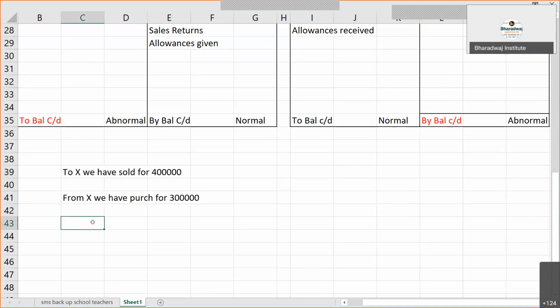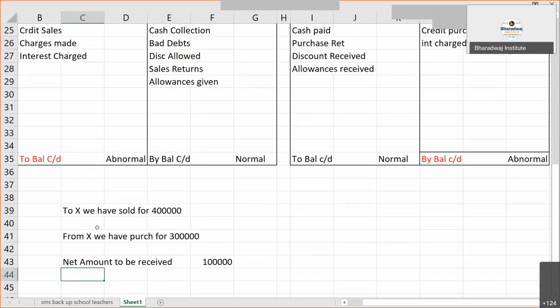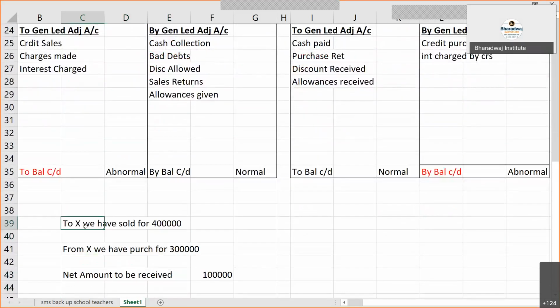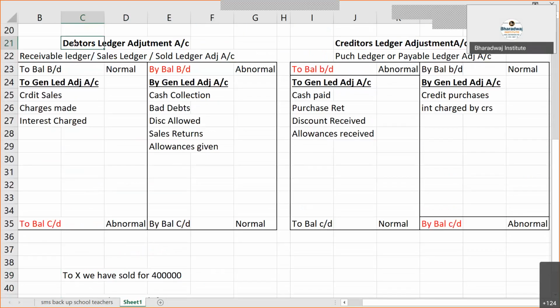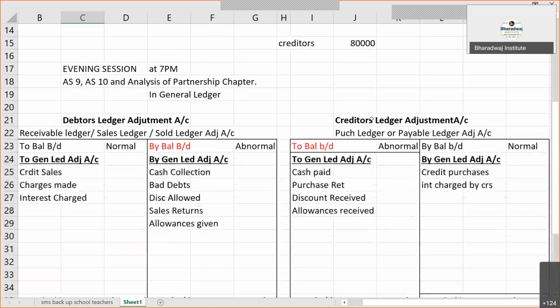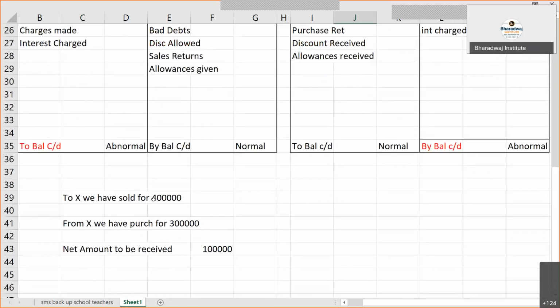So what is the net amount we'll receive? 1 lakh is the net amount to be received. Now here we are making an adjustment of 3 lakhs. For the sales, X will be in the debtors ledger. For the purchases, X will be in the creditors ledger. So simple, we'll adjust 3 lakhs against this 4 lakhs and collect the balance.